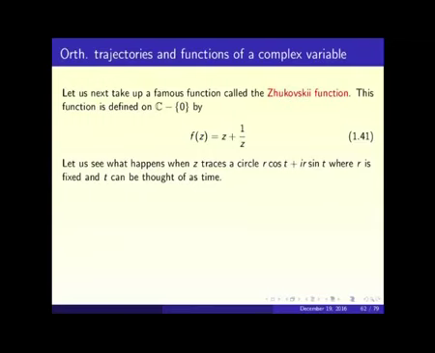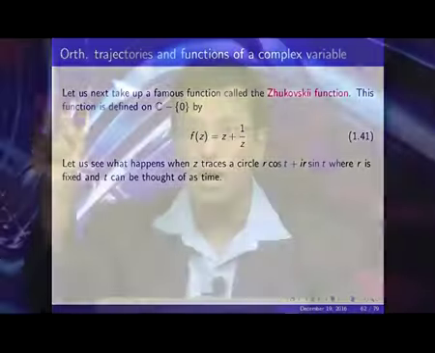Let us see what happens when z traces a circle r cos t plus i r sin t.